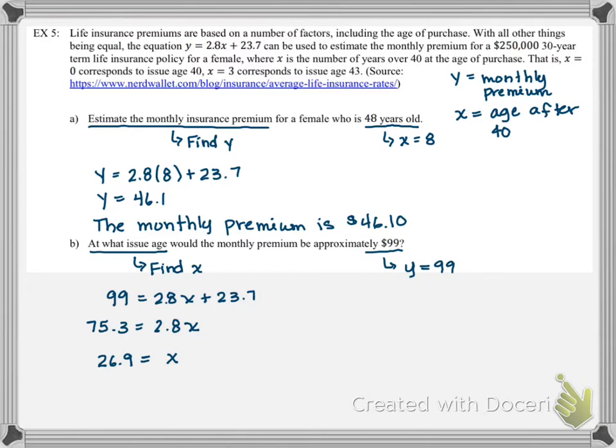But I probably wouldn't scream if you said 46.9. So about 67 years old. Oh, that worked out perfectly.